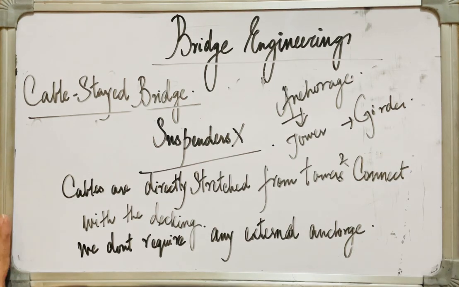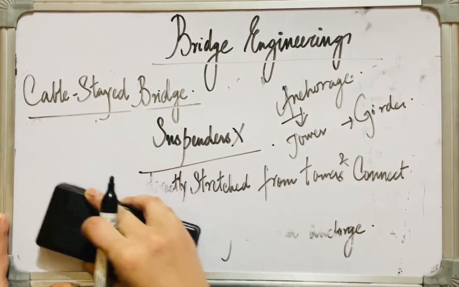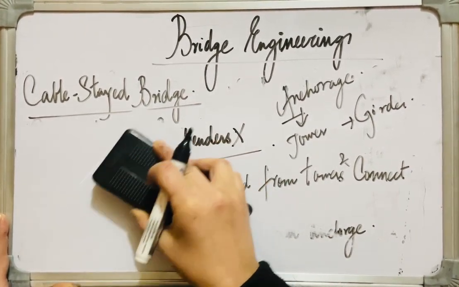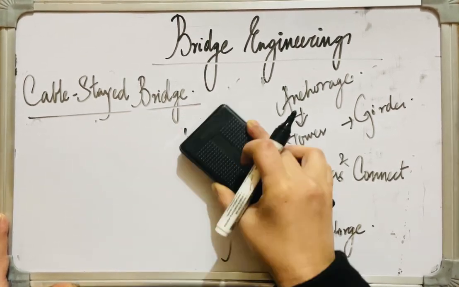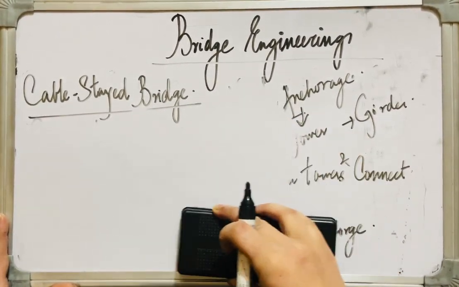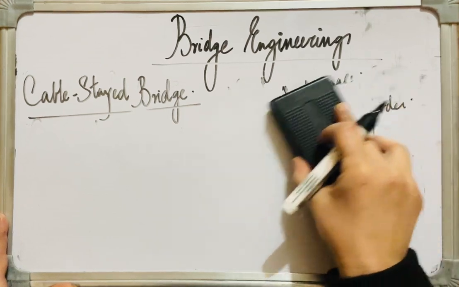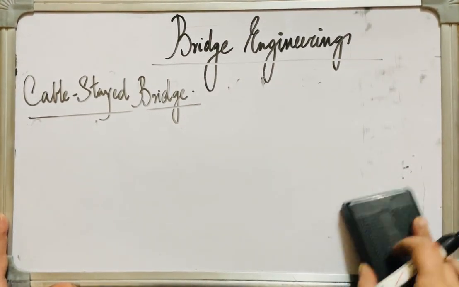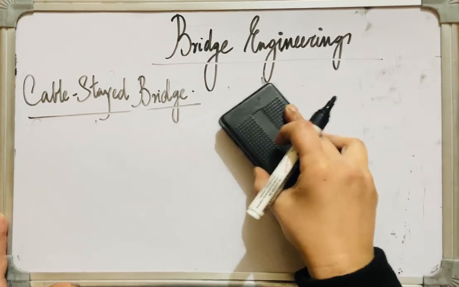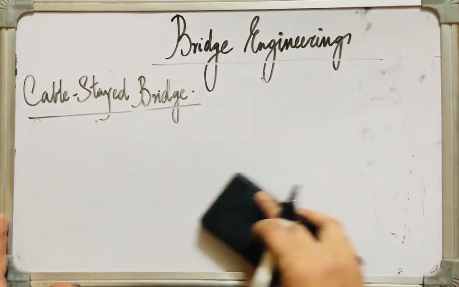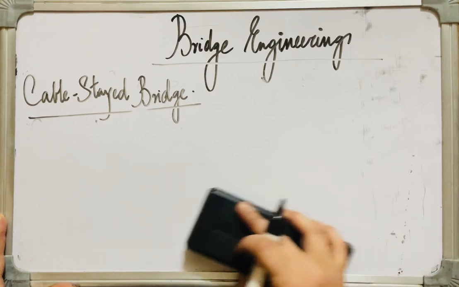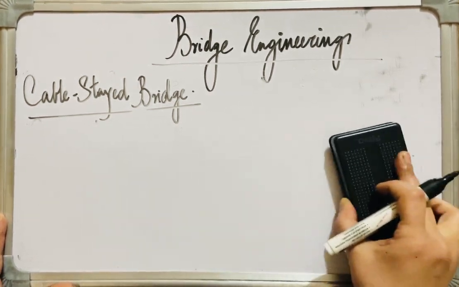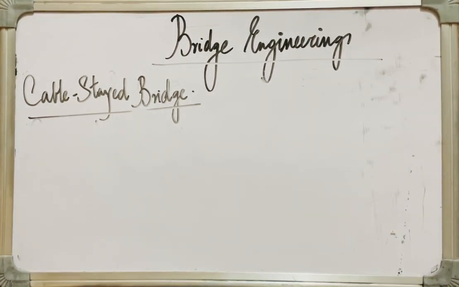So these cables remain connected with or anchored between the tower and the girder of the bridge deck system in case of a cable stayed bridge, and no suspenders are present unlike a suspension bridge. Also, we don't need any external anchorages in a cable stayed bridge unlike suspension bridges. The cables remain anchored at one end to the tower and on the other end to the girder.